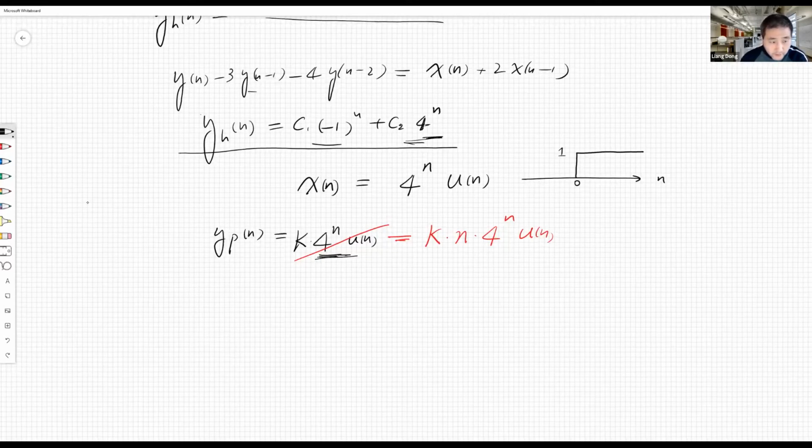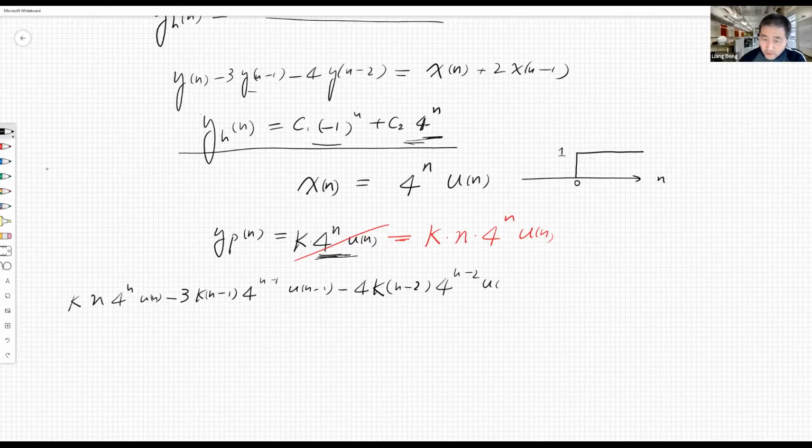Let me write this out: K n 4 to the power n u[n], subtract 3 K (n-1) 4 to the power (n-1) u[n-1], subtract 4 K (n-2) 4 to the power (n-2) u[n-2], equals the input. For the input, I have this particular format, so I can write this out as 4 to the power n u[n] plus 2 times 4 to the power (n-1) u[n-1].